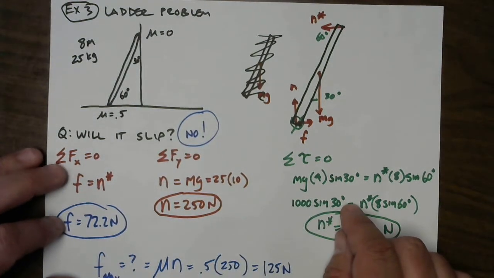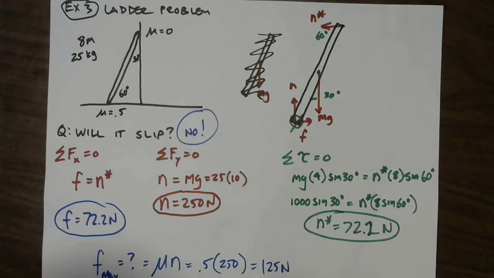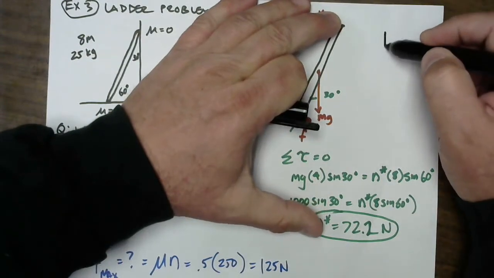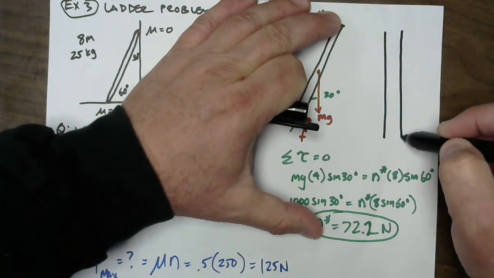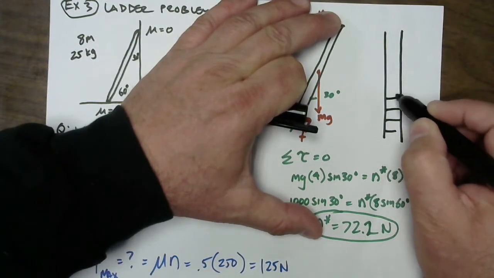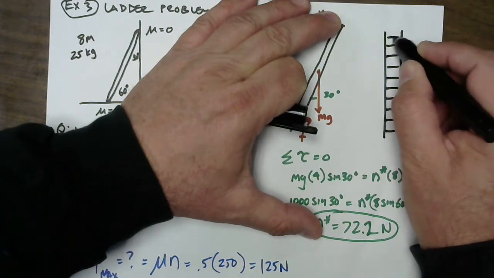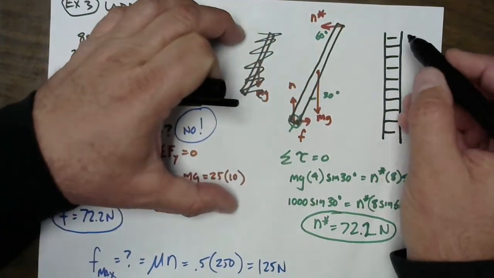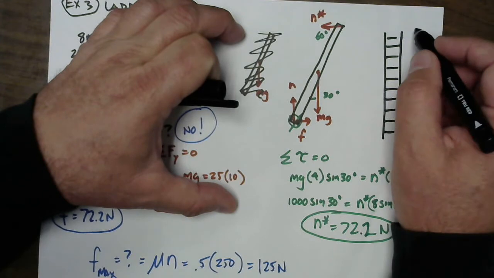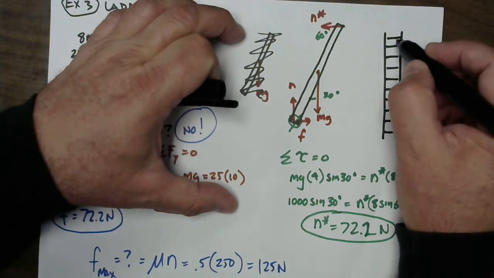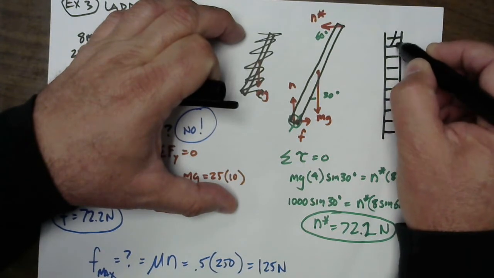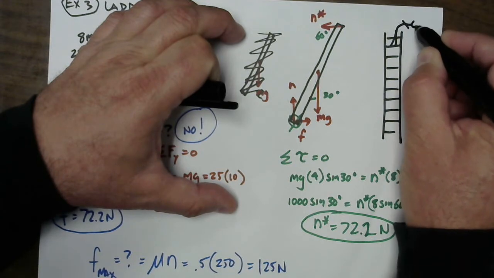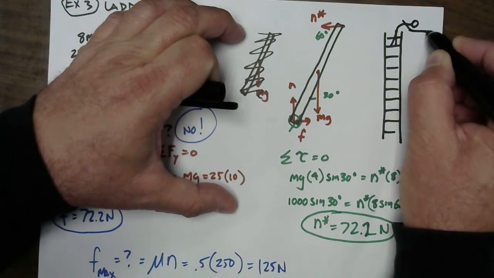The other mode of failure for ladders is something that we talked about when we talked about stability, and this is probably the most common household accident. Somebody's on a ladder, leaned up against the side of the house or the eaves of the house, and they're clearing leaves from the gutter, or they're putting Christmas lights up or something like that, and the person decides to lean out to grab something.